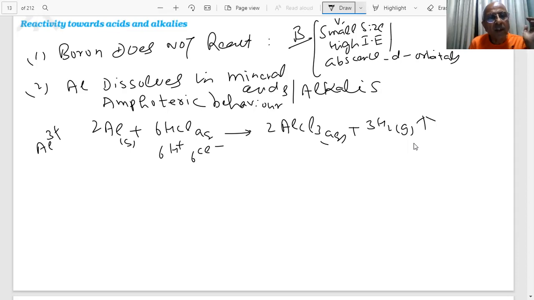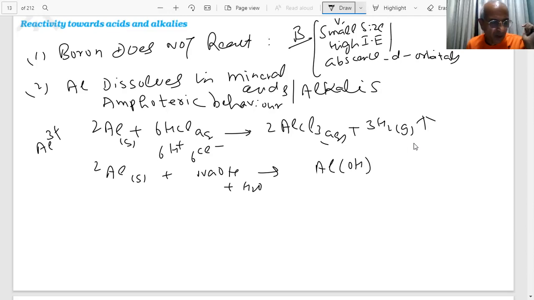So if you have aluminium solid and you react it with NaOH, student, what does it form with sodium hydroxide? Aluminium will react, and some aqueous water will be required also, because it forms Na[Al(OH)4], with Na plus.